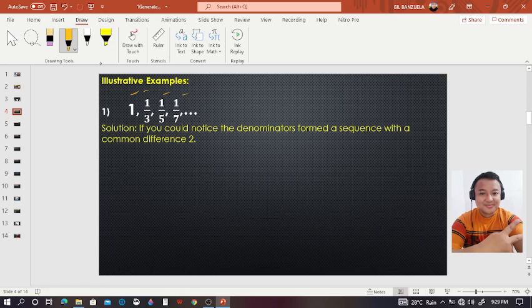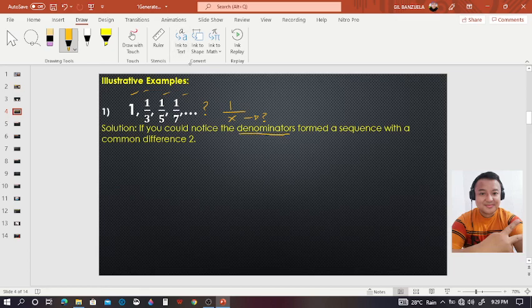Supposing we were asked, what would be the next term? We can easily say that the next term would be 1 over x. And this particular x is our problem, which is on the denominator part. Dyan tayo magpo-focus.